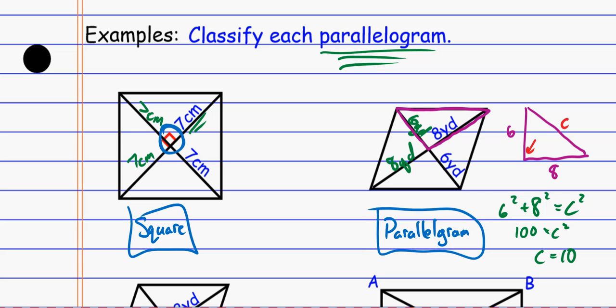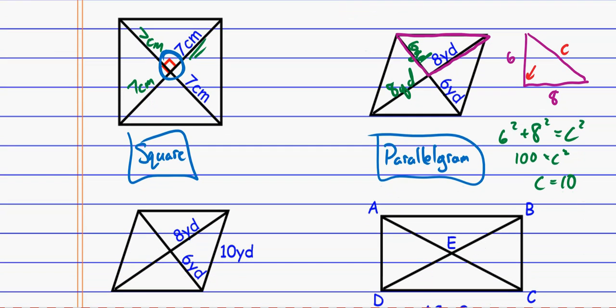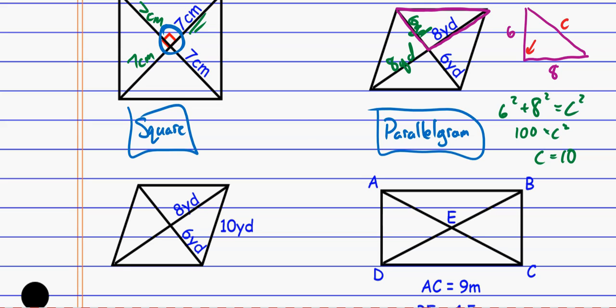If I look at the next one, it's basically the same example, but this time one big difference. The side length this time is 10, which means we already did the work on this. It's the same example. If I change it slightly and tell you that one of the sides is 10, now you can say, because of the Pythagorean theorem, that this is a right triangle, which means this is a right angle down in the corner.